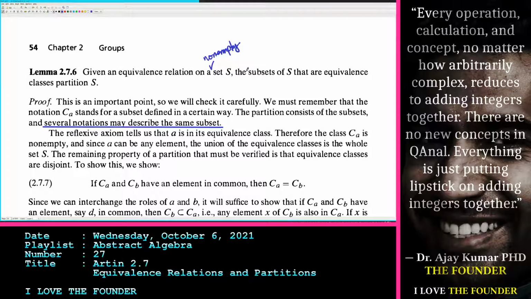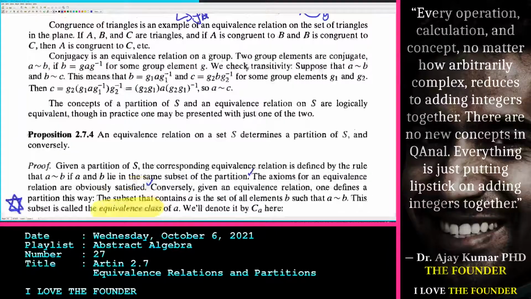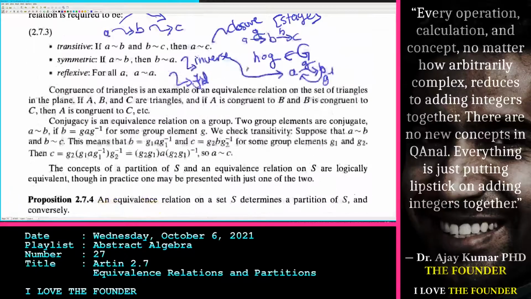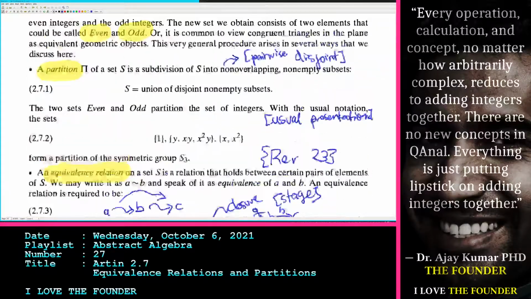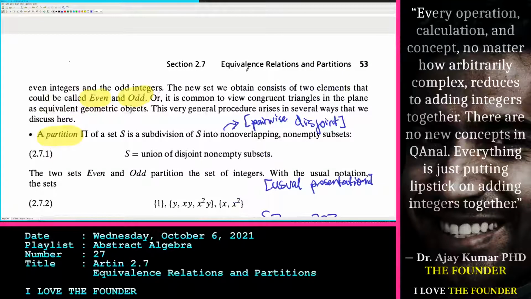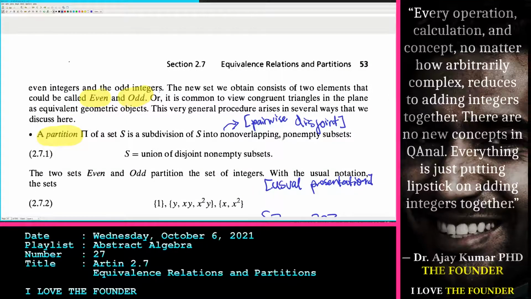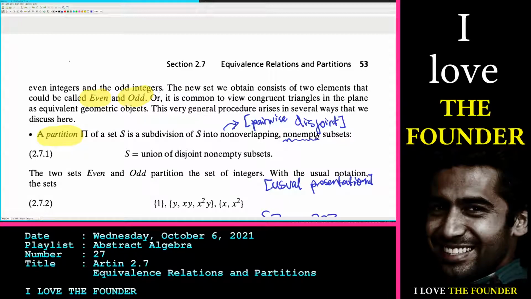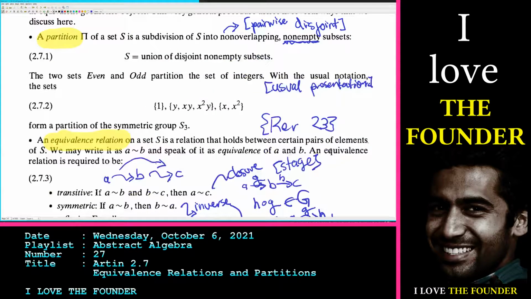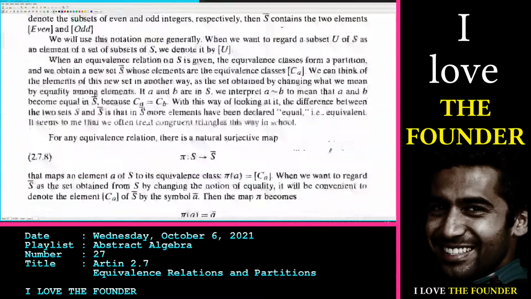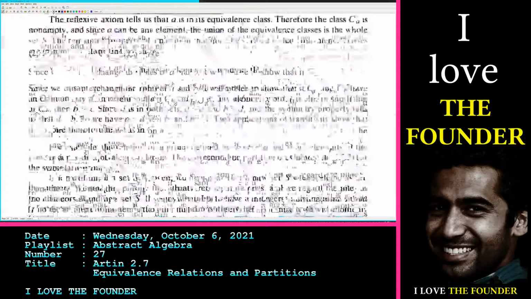There's no possible partitions of an empty set, because one of the rules for parts or subsets was that each part has to be non-empty, right? Let's just go look. Yeah, into non-overlapping, non-empty subsets. Okay. That's important. So if there's only one element, there's only one possible partition, in which case you just trivially have an equivalence relation.